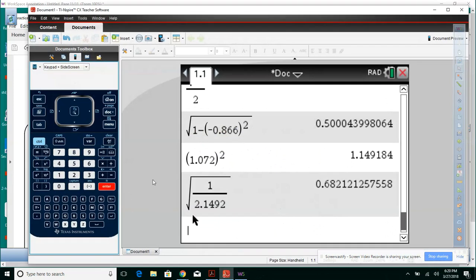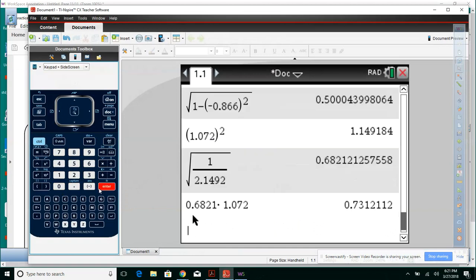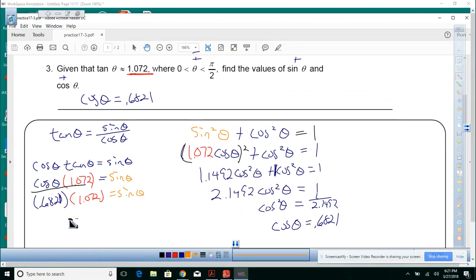So 0.6821 times 1.072 gives me 0.7312. 0.7312 equals sine theta. Now sine is going to be positive here, so I got sine theta equals 0.7312.